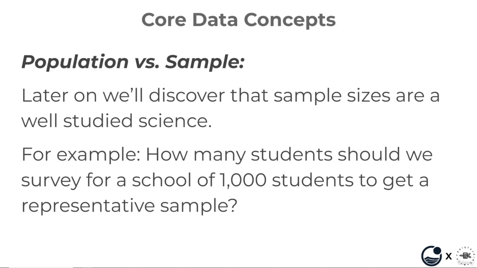So for example, how many students should we survey for a school of 1,000 students to get a representative sample? You can intuitively feel that 1 or 2 students is not enough, but you also have an intuition that it's probably not necessary to survey all 1,000 students to get an idea of how students in the general population feel. So there's a really well-defined science to what sample size you need to get a representative sample.